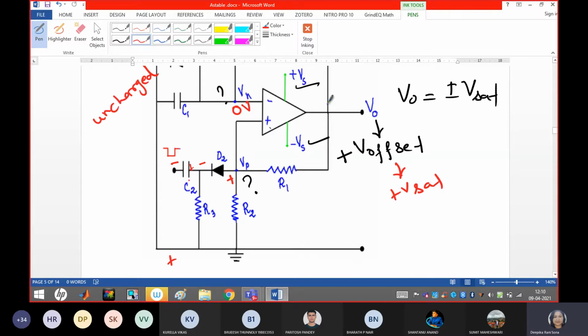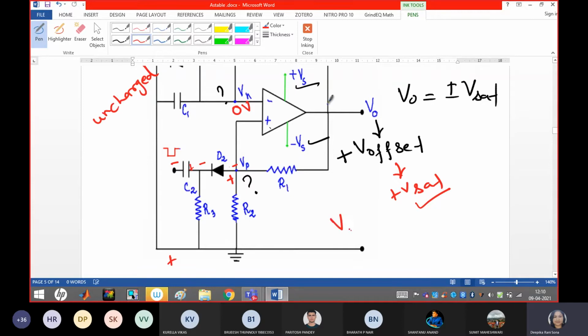So what will happen, because of the negative triggering pulse, now Vp will become more and more negative. I will get a negative voltage here. But what is my present voltage here? My present voltage is plus Vsat. Now guys, if I take the difference between these two voltages, because Vp is more and more negative because of this negative triggering pulse, and if I apply a negative pulse, then only my diode D2 will conduct, and because of D2 I am getting a negative pulse.